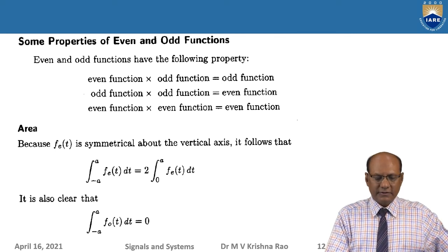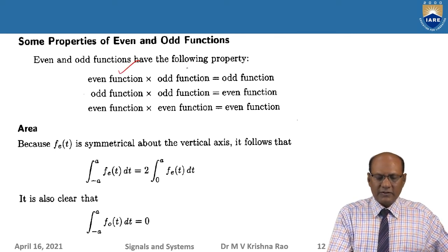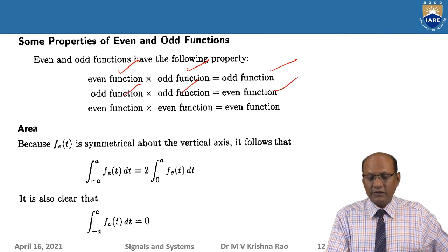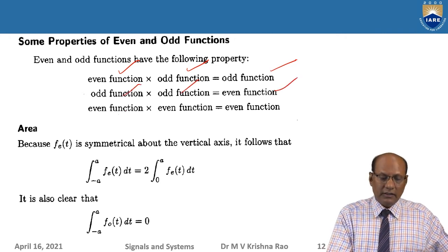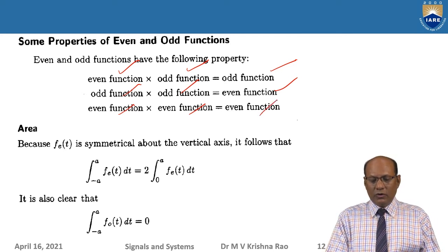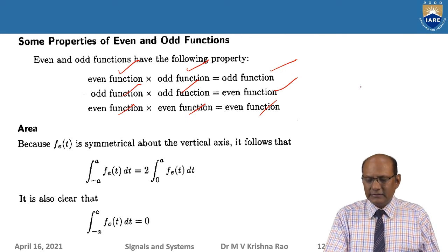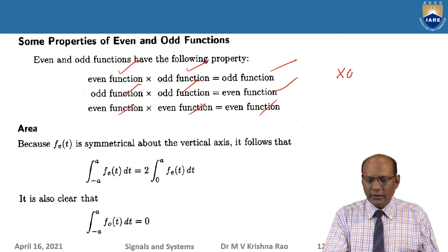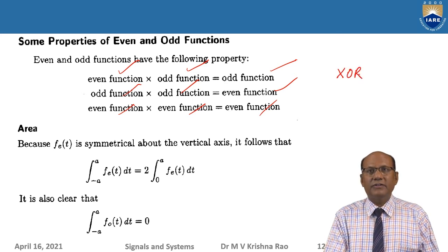What are the properties? If I multiply an even function with an odd function, it will become odd. Odd function multiplied by odd function, I will get an even function. Even function multiplied by even function is an even function. So how does it look? It looks something like your exclusive OR gate. What is the truth table for this?